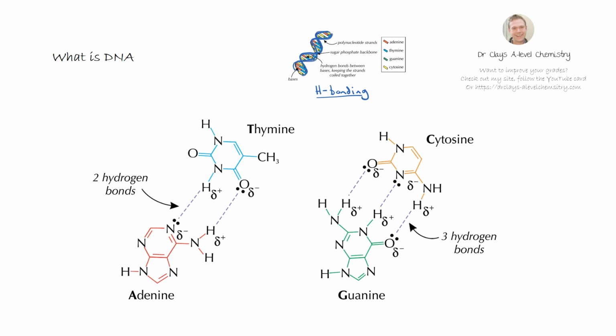Now, what we have here is we can have hydrogen bonding between the bases A and T, that's adenine and thymine, and we can also get hydrogen bonding between cytosine and guanine, so we can get interactions between C and G. You've got to know that the hydrogen bonding occurs between those two, and the reason that we get bonding only between A and T and between G and C, but not between, let's say, C and T or C and A or G and T and G and A, is because the orientation of those molecules allow for hydrogen bonding to occur, and that can occur between the nitrogen and the hydrogen.